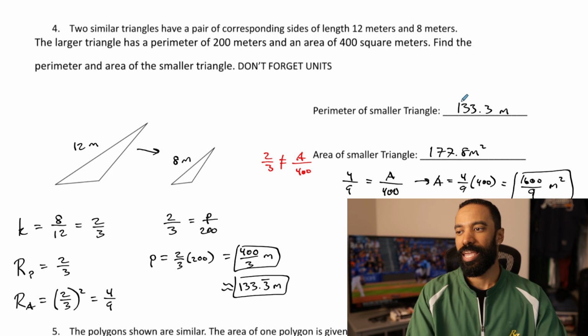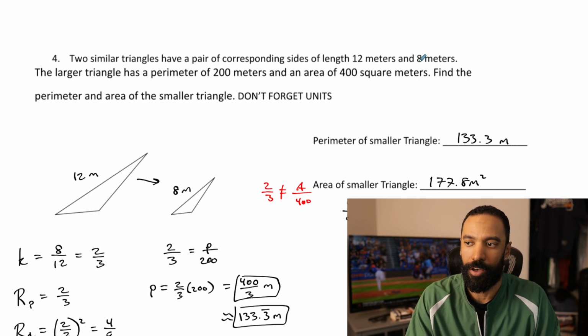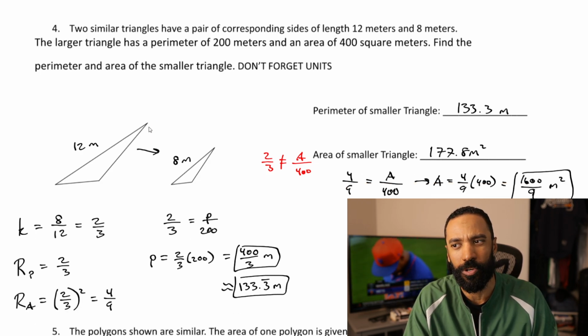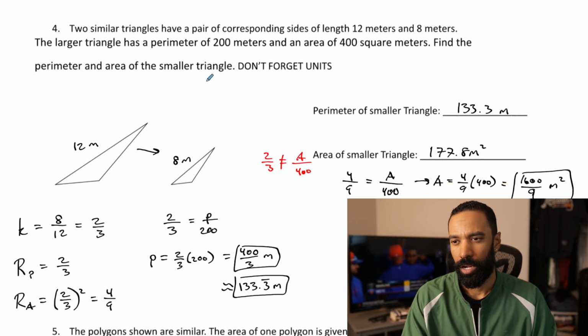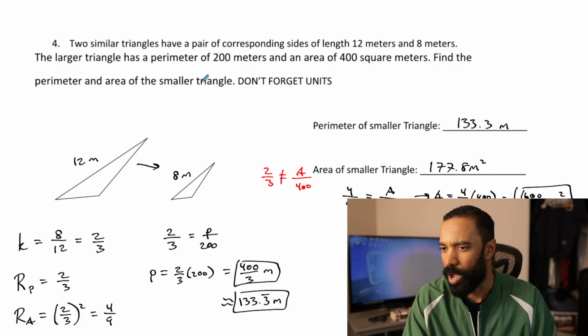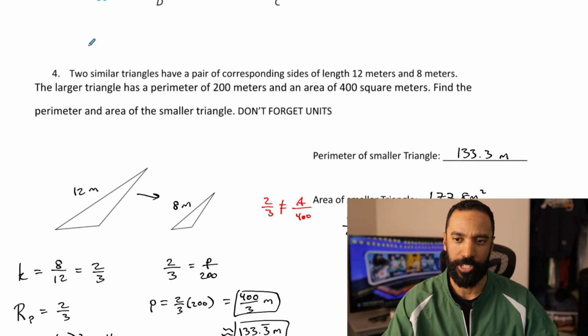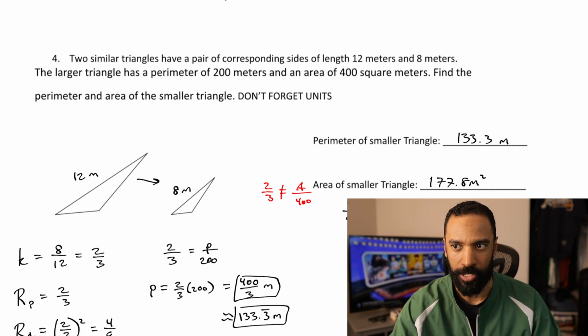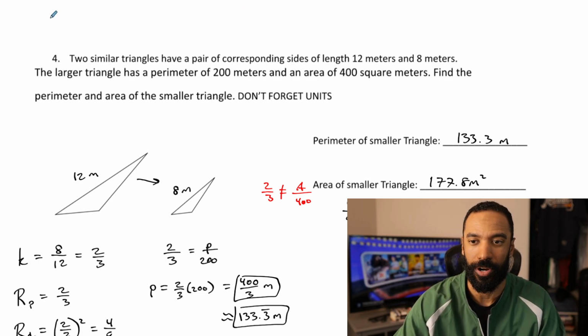Now, that was if we were dealing with the 12 and the 8. Keep in mind, it did have the 10 and the 3, so I think those would have been whole numbers. So if you were curious, and if you're going to use that 10 meters and 3 meters, let me just do that again as an alternative, because I don't know what you're going to use or have.